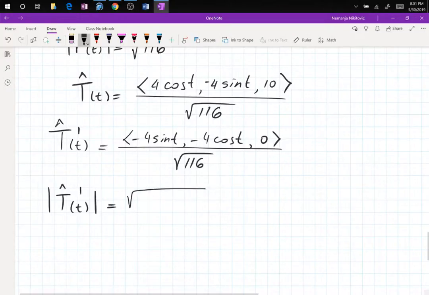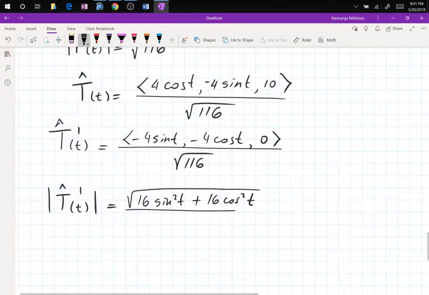So I have a square root of 16 sine squared t plus 16 cosine squared t, divided by 116, because the squares would kill the root in both terms.